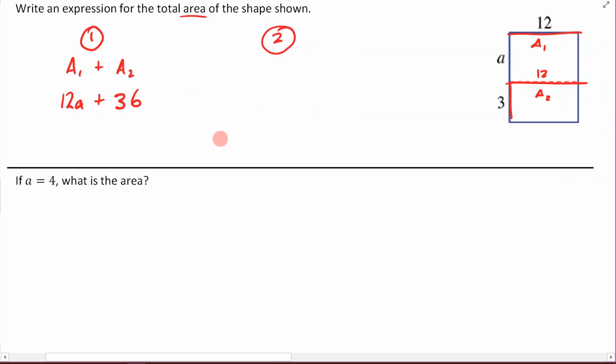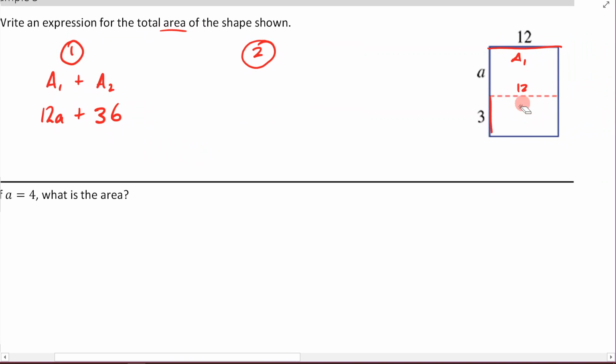The other way we could write an expression for this is by treating it as one area. In this case, remember our area is our width times our length. Our width is 12, and our length is going to be this right here. And as you can see, it has 2 sections. It has this A section, and it has this 3 section.